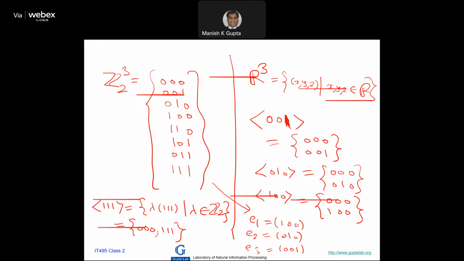Then lambda 1 times this plus lambda 2 times this, where lambda 1 and lambda 2 are in Z2, will give you 4 vectors: 0 0 0, 1 1 0, 1 0 1, and 0 1 1. These 4 vectors are nothing but a two-dimensional subspace of Z2^3.